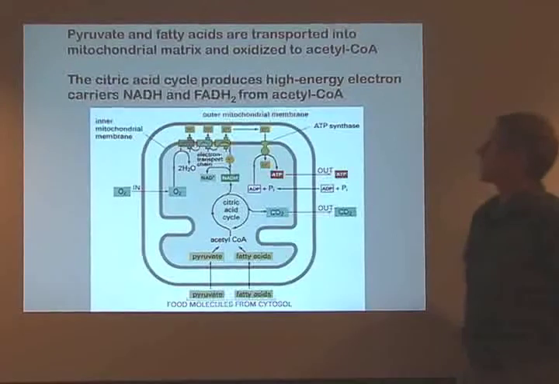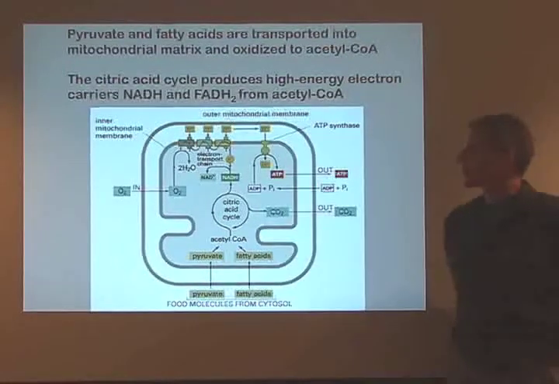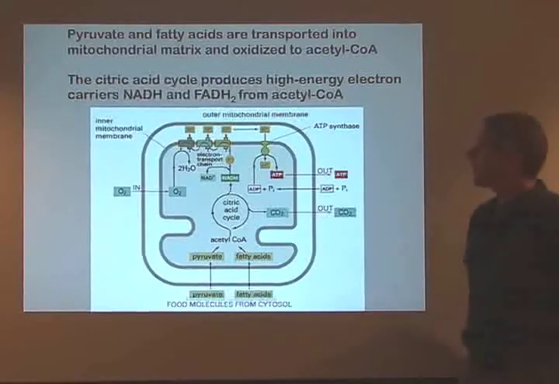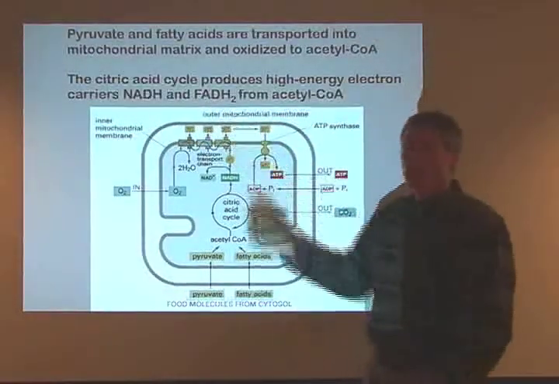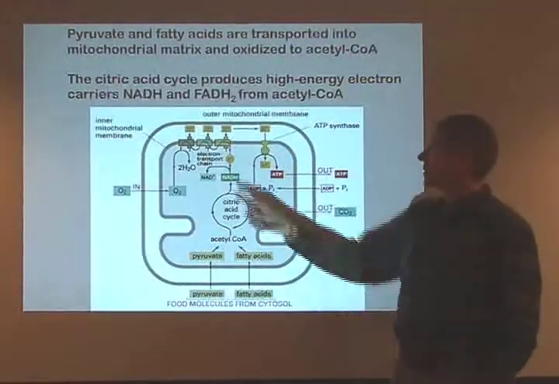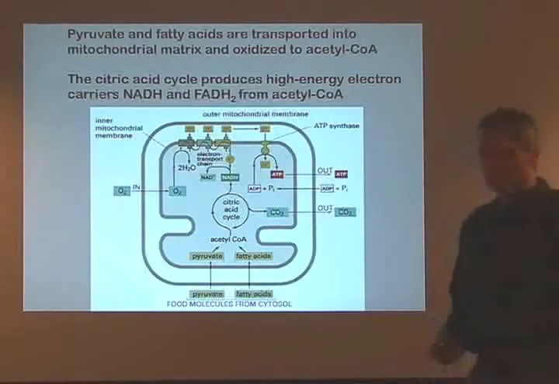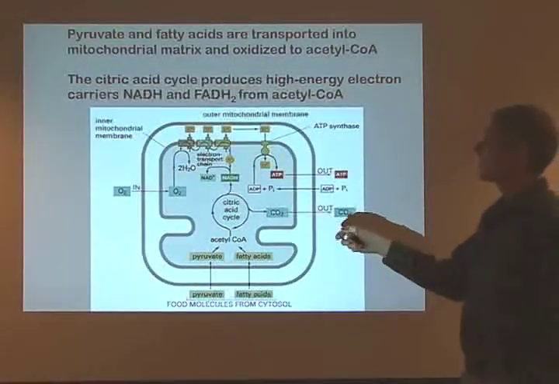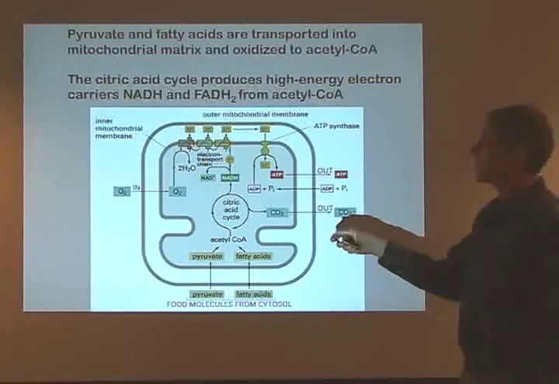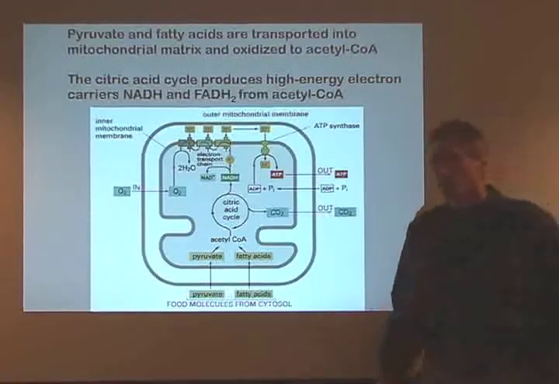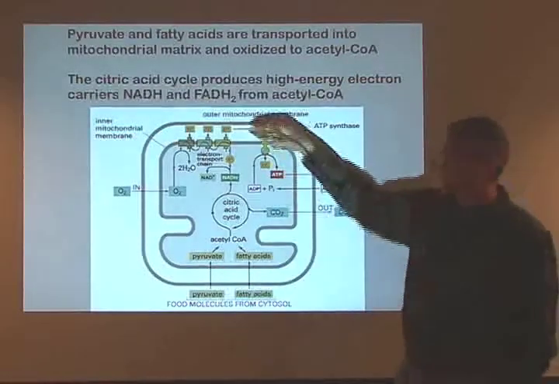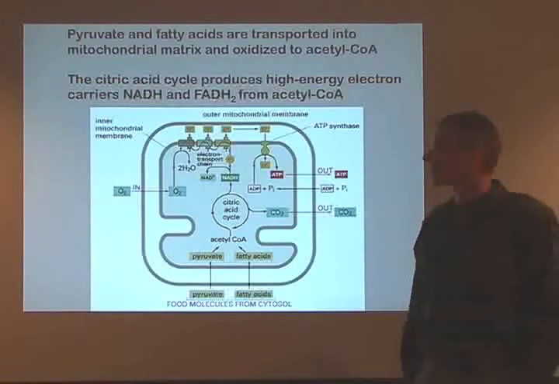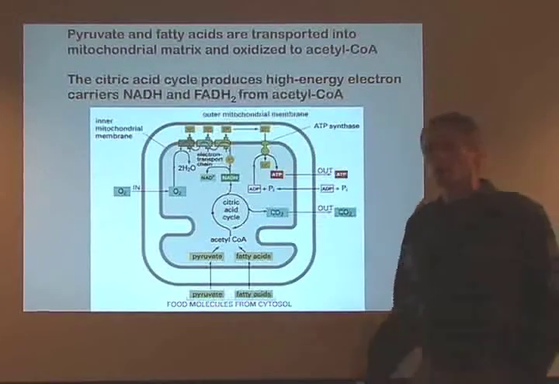The citric acid cycle produces high-energy electron carriers, NADH and FADH2, from acetyl-CoA. Those high-energy electron carriers are then sequentially oxidized in a series of reactions. These then pump protons. So the energy is transferred from the redox reaction into an electrochemical gradient. That is an asymmetric distribution of protons across the inner mitochondrial membrane.